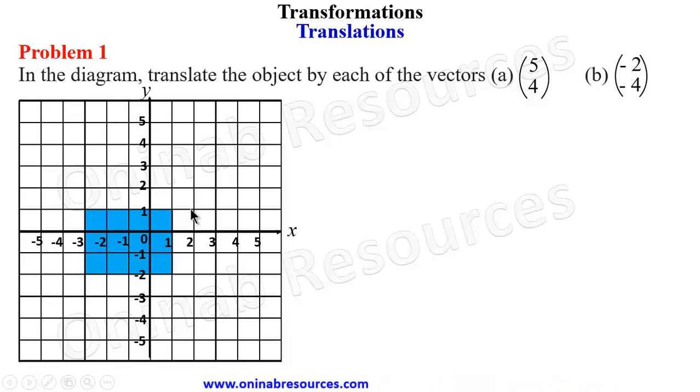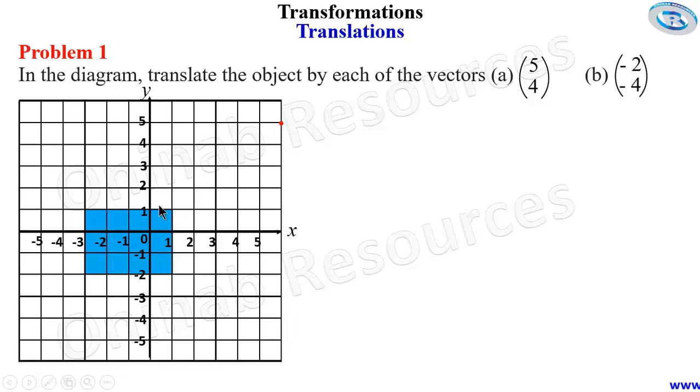We move it 1, 2, 3, 4, 5. So we have achieved the horizontal movement. Then we go vertical and we are going upward, 1, 2, 3, 4. Which means the vertex, when translated, is coming here.